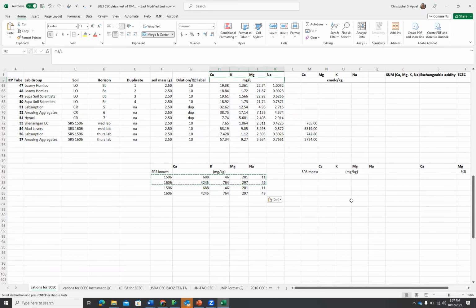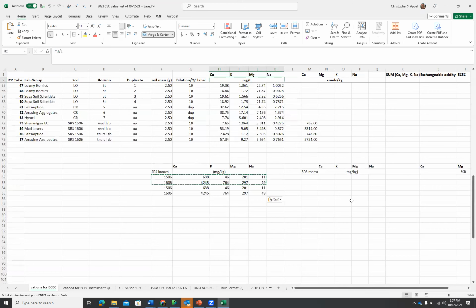So in order to do that, I'm just going to use this as my example right here, 688. Actually, no, that's not what I'm going to use. I'm going to use this one, 7.65, because these are my knowns, so I don't need to worry about that. 7.65, which is SRS 1506 for calcium.